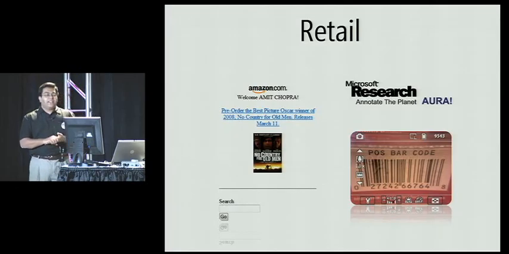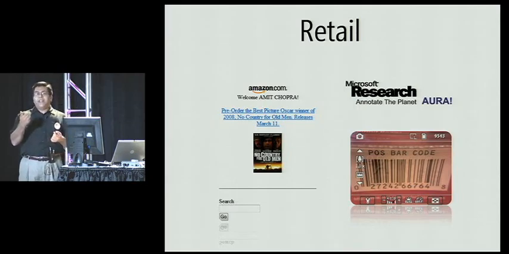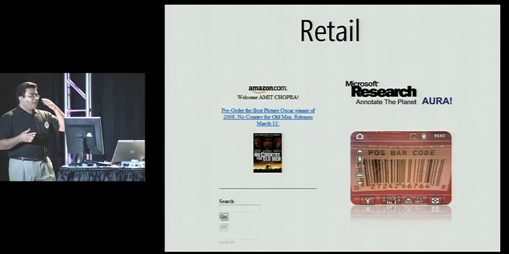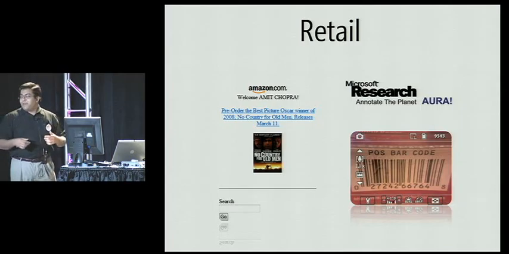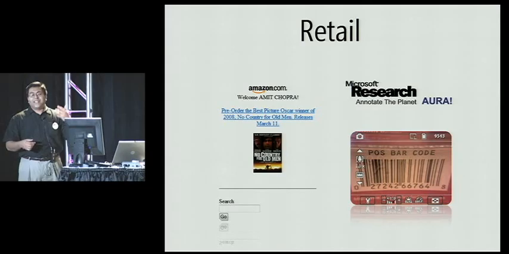Or the other interesting one is a project that Microsoft Research started a while ago. The Aura project, read something about this. What it allows you to do is just take pictures of labels, and then through a service, get back contextual information. And when Loki and I were talking about this, the first thing that came to mind was, how cool would that be?